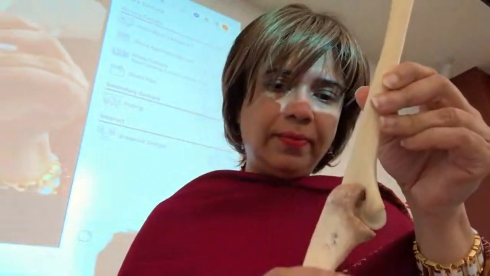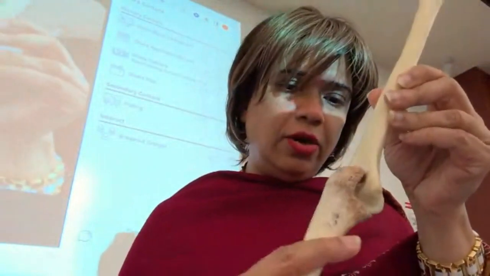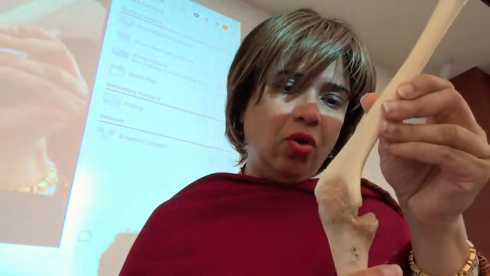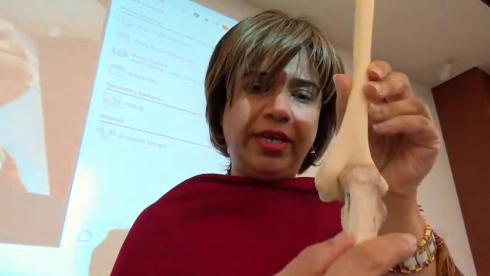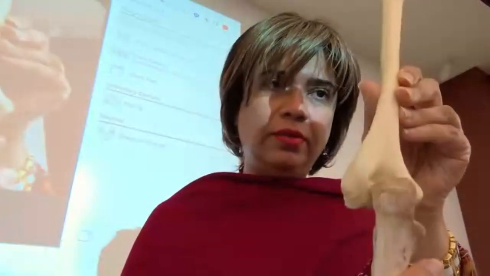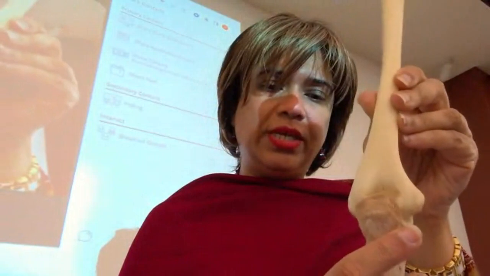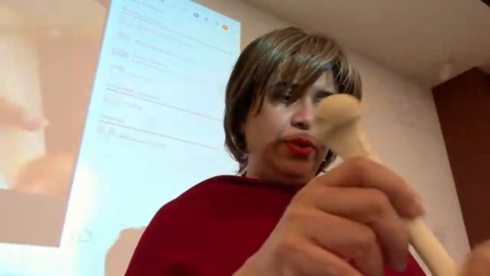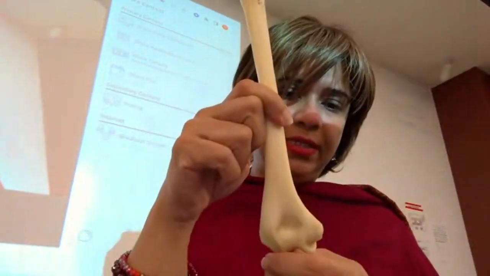See that? And it is deeper so that when you extend your arm, the olecranon fossa holds the olecranon process of ulna. So that is how basically the movement happens. And this is what makes your elbow that protrudes out.